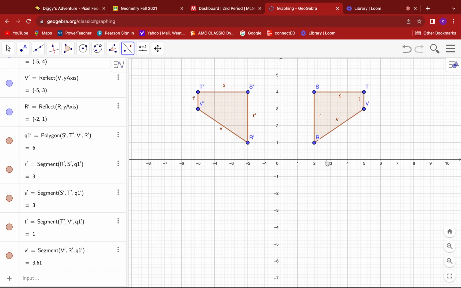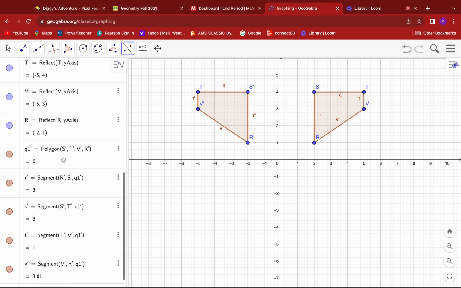I went right before in my pre-image, which are my positive x values. But now I'm going left, which are my negative x values. Still going up over here. That means y is going to stay positive. So when reflecting across the y-axis, it's the x values that change this time.